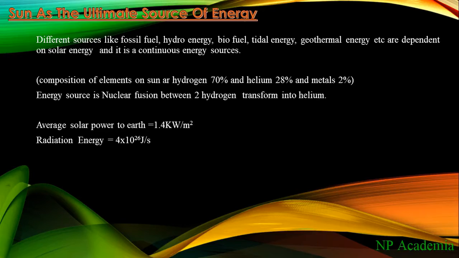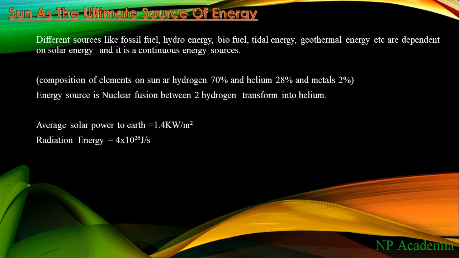And next, there is some data about solar energy. First, the composition of elements on the sun is hydrogen 70%, helium 28% and different metals 2%. Mostly the composition is of hydrogen and helium.